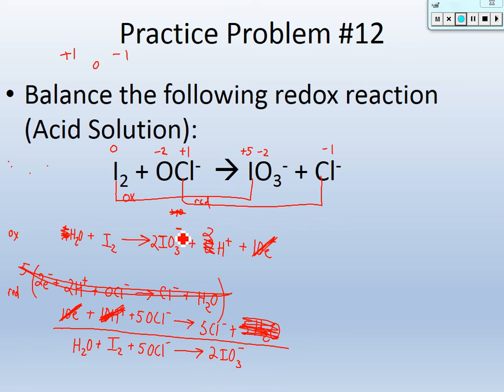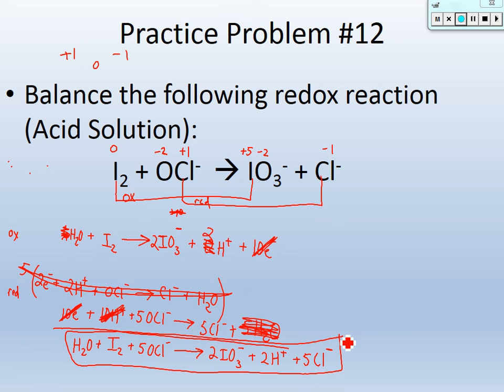Remember, guys, to bring the charges down. A lot of you will make mistakes not doing that. Okay, I've got 2 H pluses. And then what else on the right here? 5 Cl minuses. Is that it? Okay, I think that is our answer.